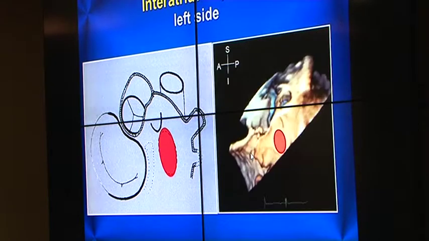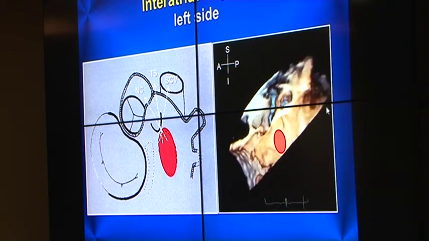The inferior portion of the interatrial septum, as I mentioned before, is close to the posteromedial commissure of the mitral valve. The central portion is the fossa ovalis. This is the opening of the fossa ovalis, and in close proximity we see the non-coronary cusp of the aorta, the transverse sinus in between the vessels, and the superior caval vein.